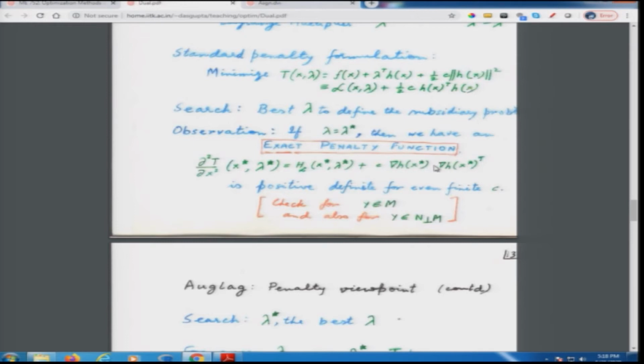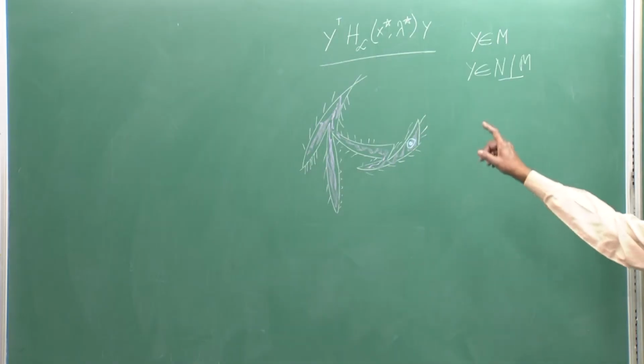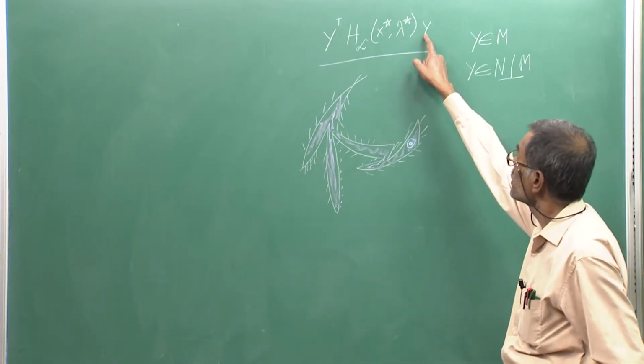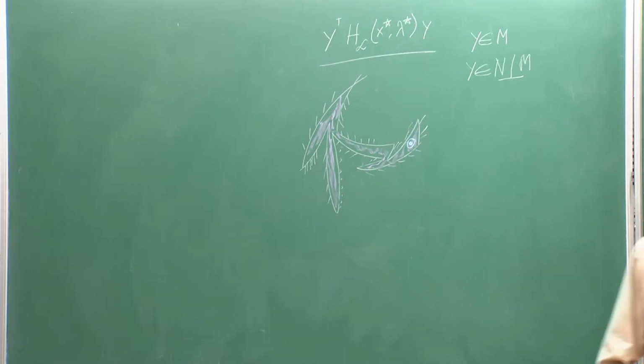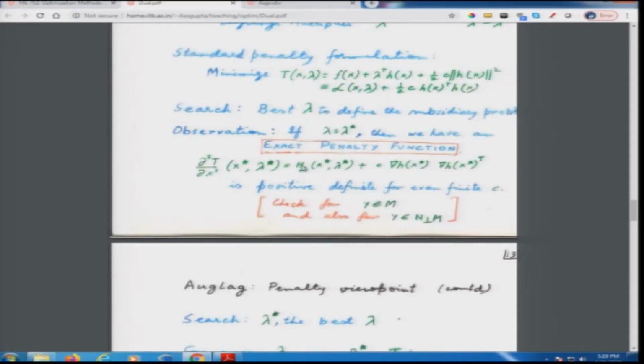It is in the normal subspace that the Lagrangian part has no necessity of evaluating to positive. But the penalty part will be C y transpose grad h(x star) grad h(x star) transpose y.